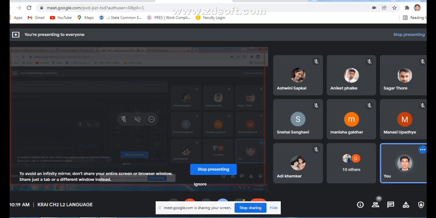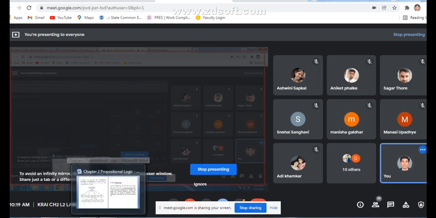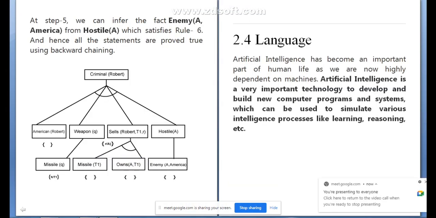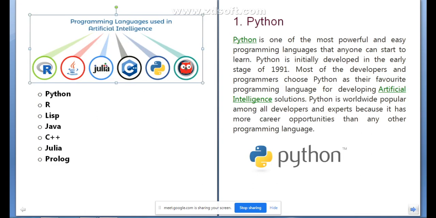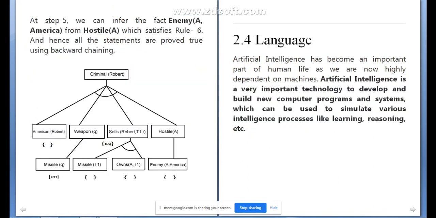So we will see the next. Then the next topic is the language. What are the different languages that are used in artificial intelligence?